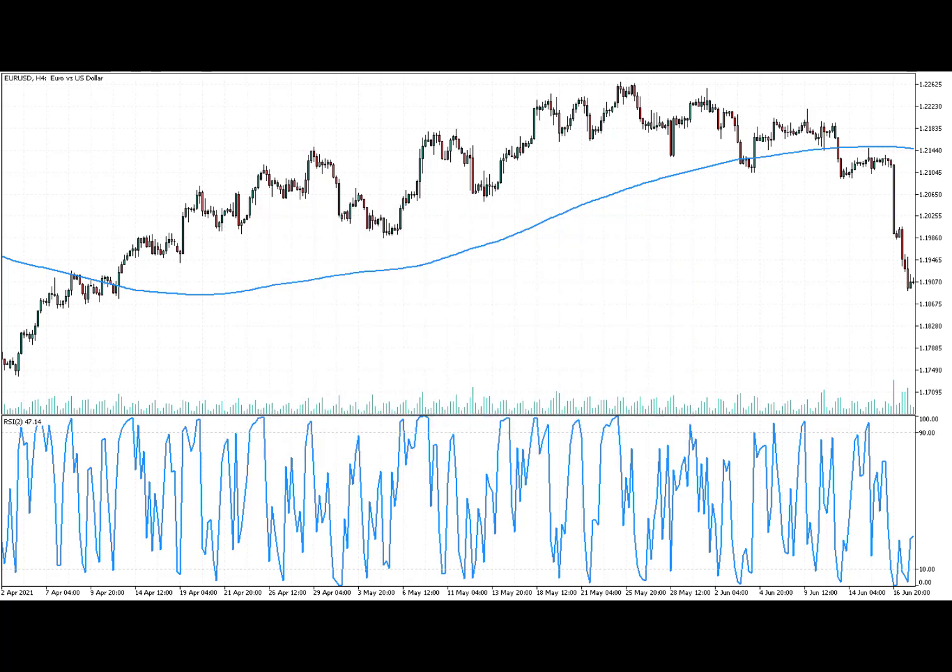RSI buy signal: when price is bigger than the 200 SMA, and RSI period 2 is smaller than 10, place a buy stop order above the last high. RSI sell signal: when price is smaller than the 200 SMA, and RSI period 2 is bigger than 90, place a sell stop order below the last low.